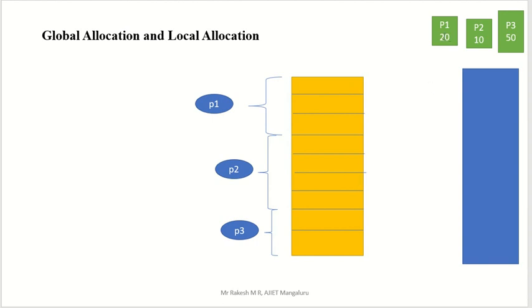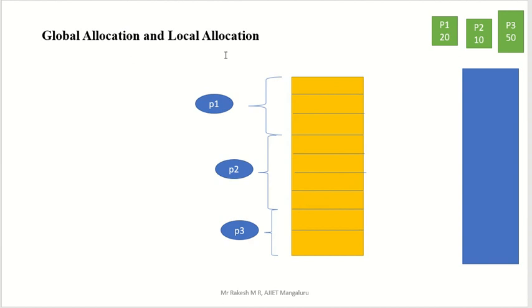Here it is free, right? We can load that one page of P1 here. Even though it is already allocated to P2, no problem, because that is global. Global means anywhere we have a free frame, we can load pages of any other process also. That is called global allocation.